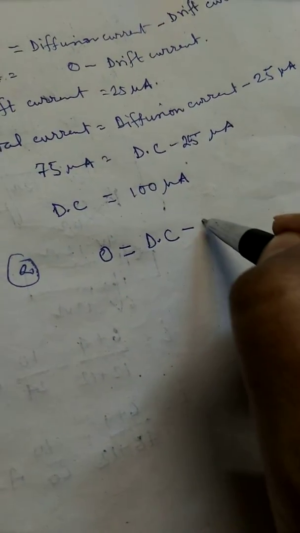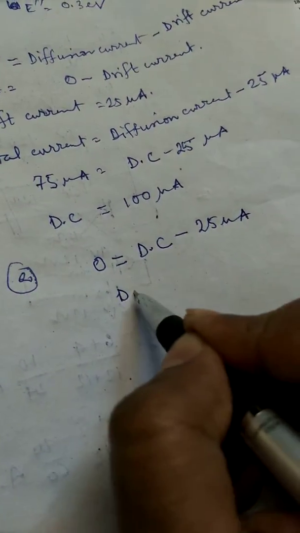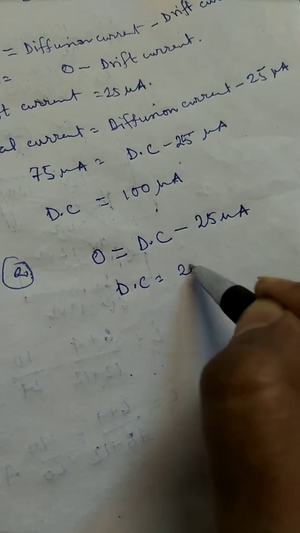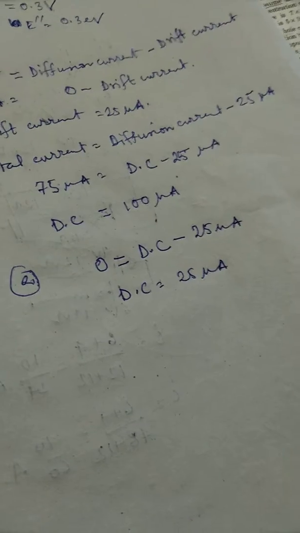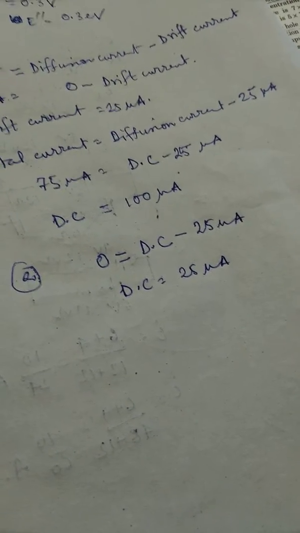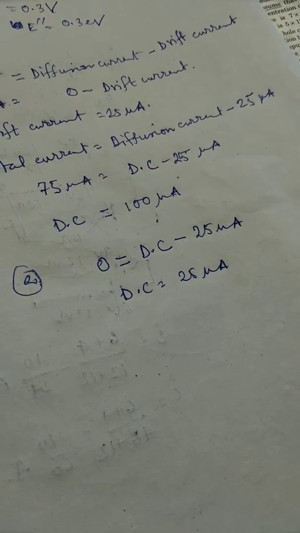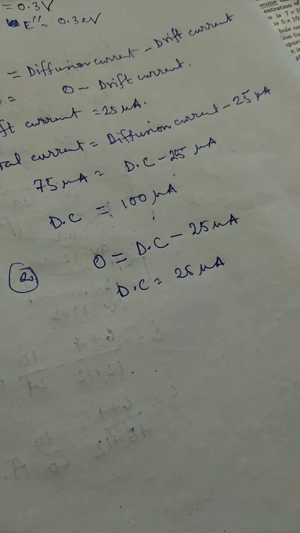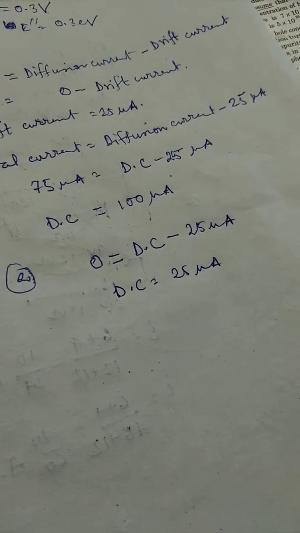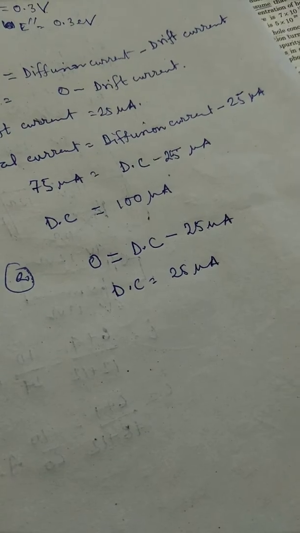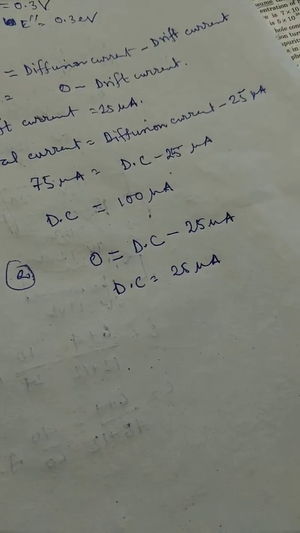That is, in unbiased condition, the diffusion current is equal to 25 microampere. The unbiased condition gives us the situation which should be followed by any apparatus to conserve the energy concept.